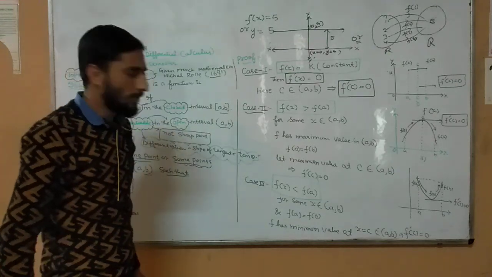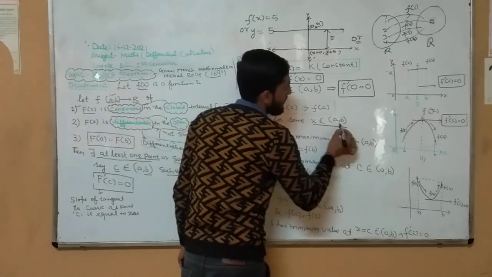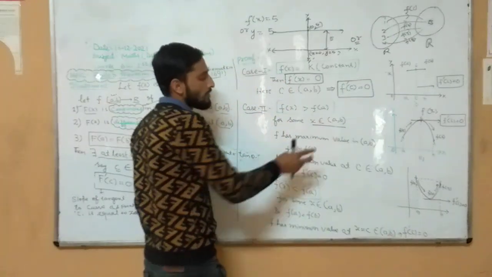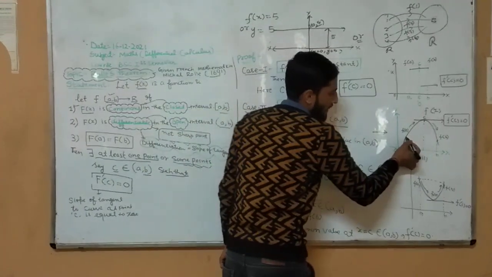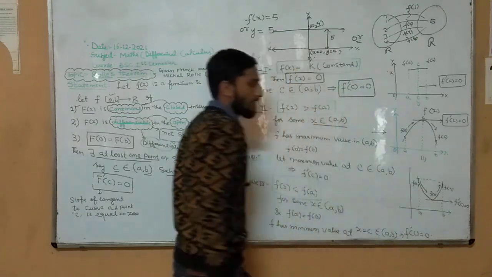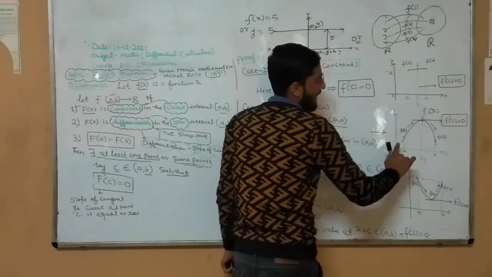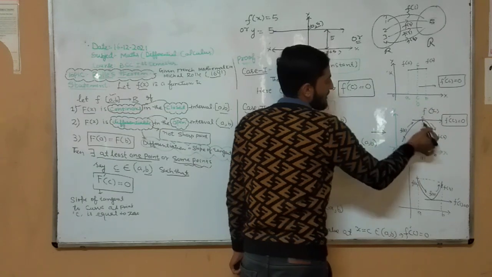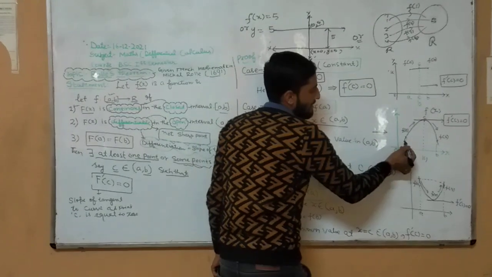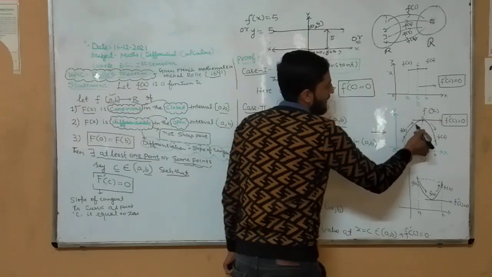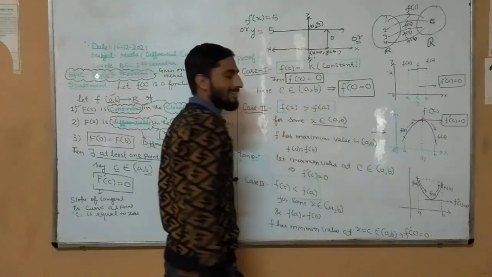Now we take the second case, when f(x) is greater than f(a), where x belongs to the open interval (a, b). We relate it with the diagram here. A and B are two points where f(a) is equal to f(b), and the function f(x) first increases to its maximum value and then decreases.